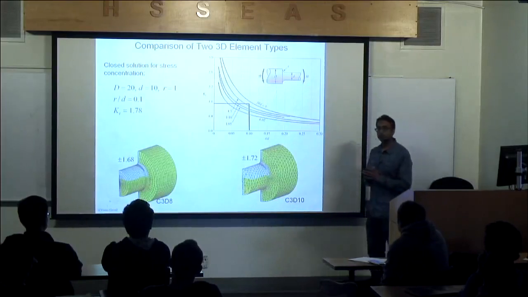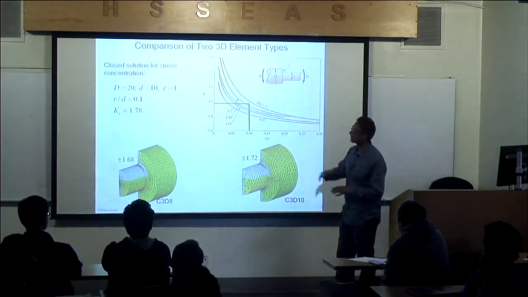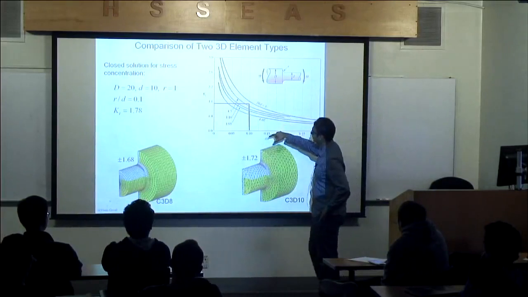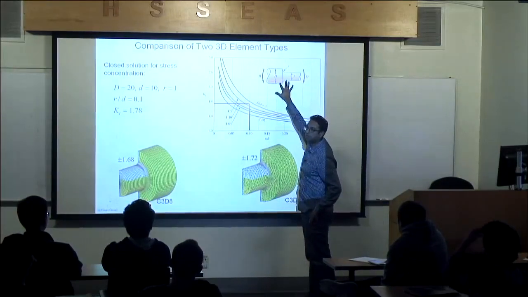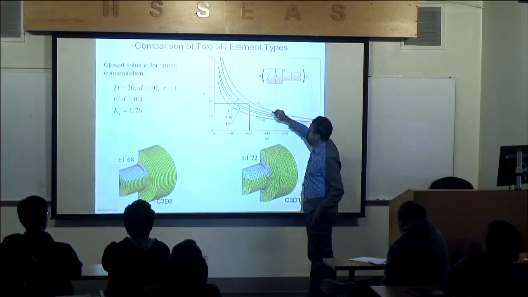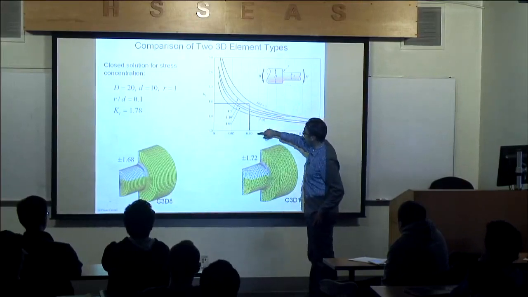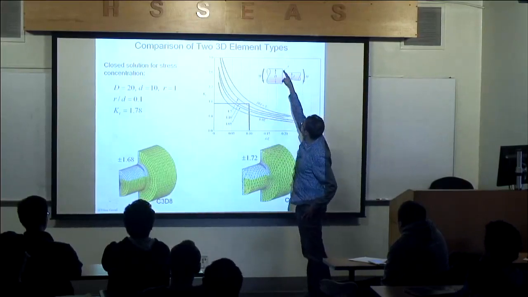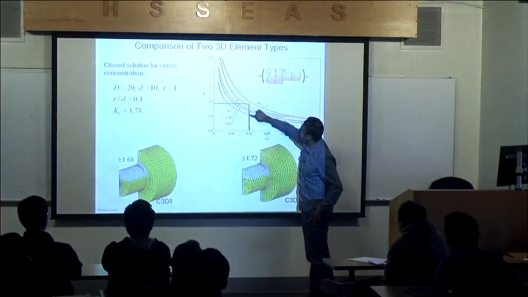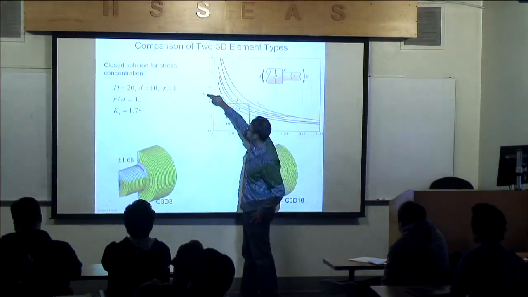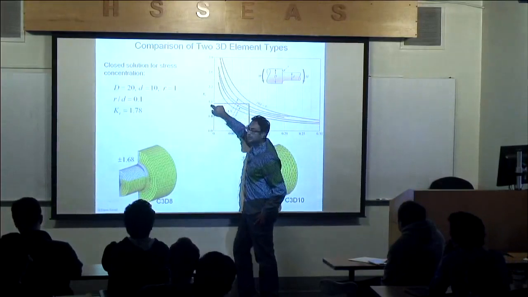Let's compare 2 types of elements. So this is a closed form solution for a bar subject to bending loading. For this geometry, R over D, the fillet radius to this diameter, is about 0.1. I can calculate the stress concentration is 1.78.